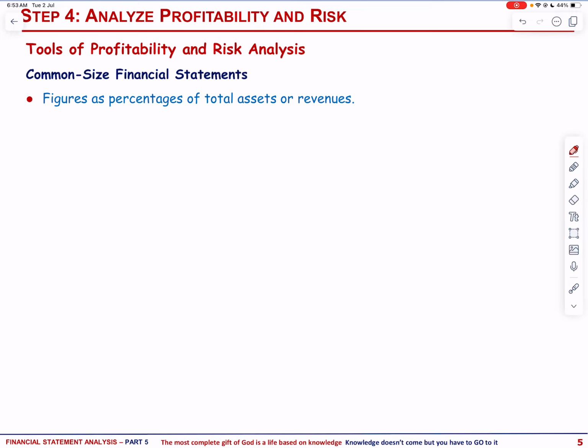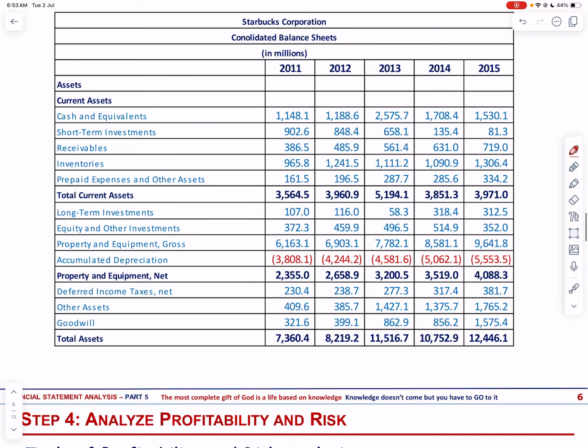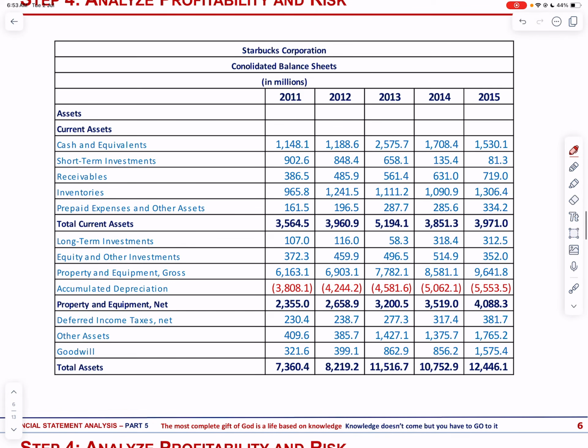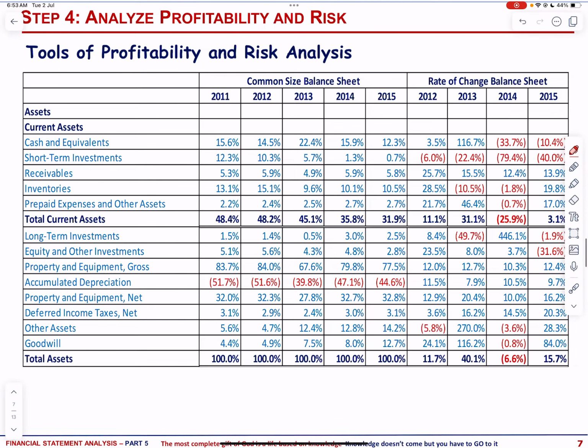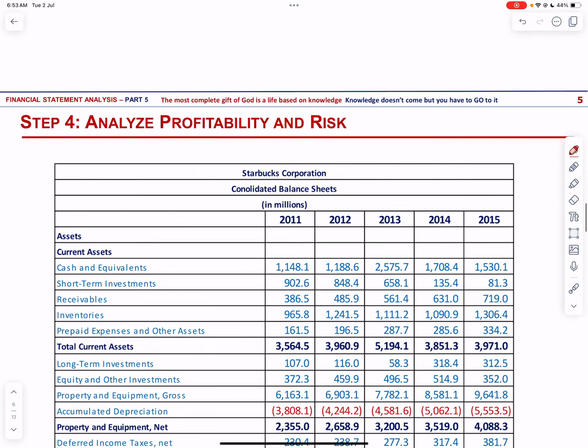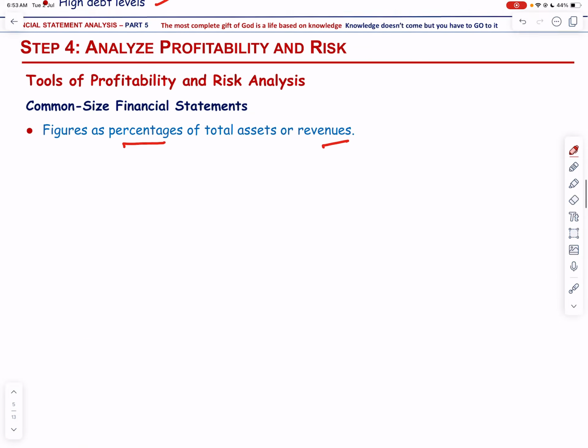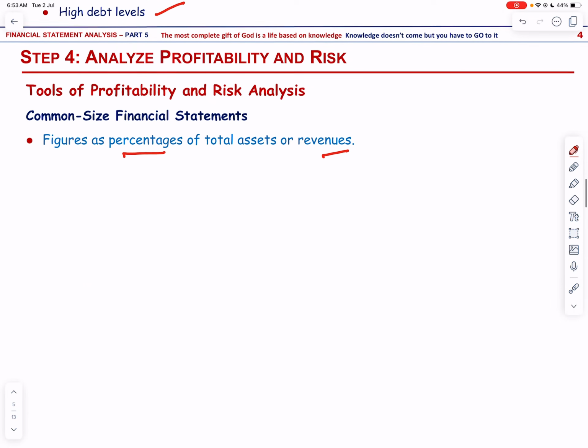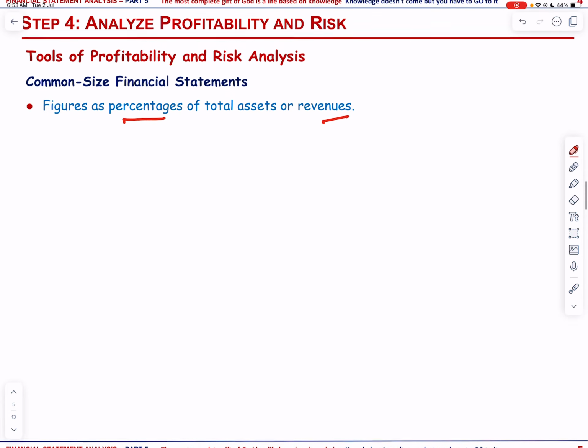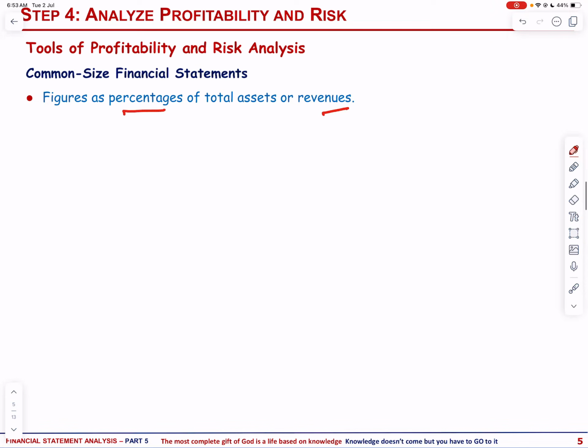Now, common size financial statements express figures as percentage of total assets or revenues. In the balance sheet, we have the figures. We will talk about this in a while. And these figures are expressed in percentage as well. They facilitate analysis by showing each item's relative importance within the overall finance structure.